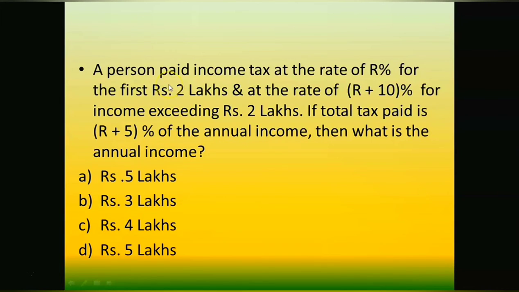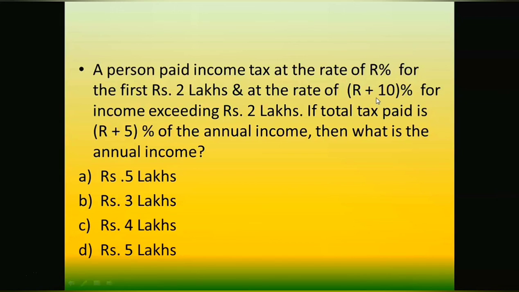Next, a person paid income tax at the rate of R% for the first rupees 2 lakhs and at the rate of R plus 10% for income exceeding rupees 2 lakhs.